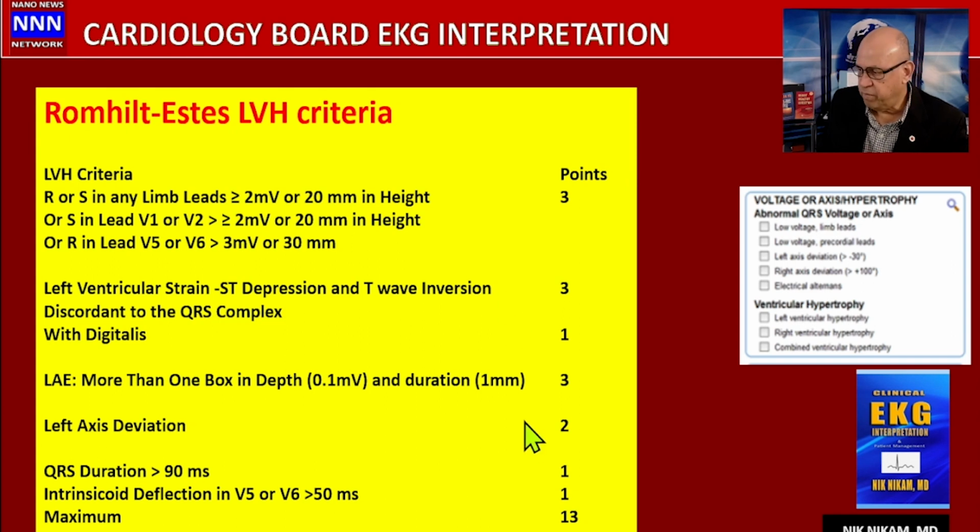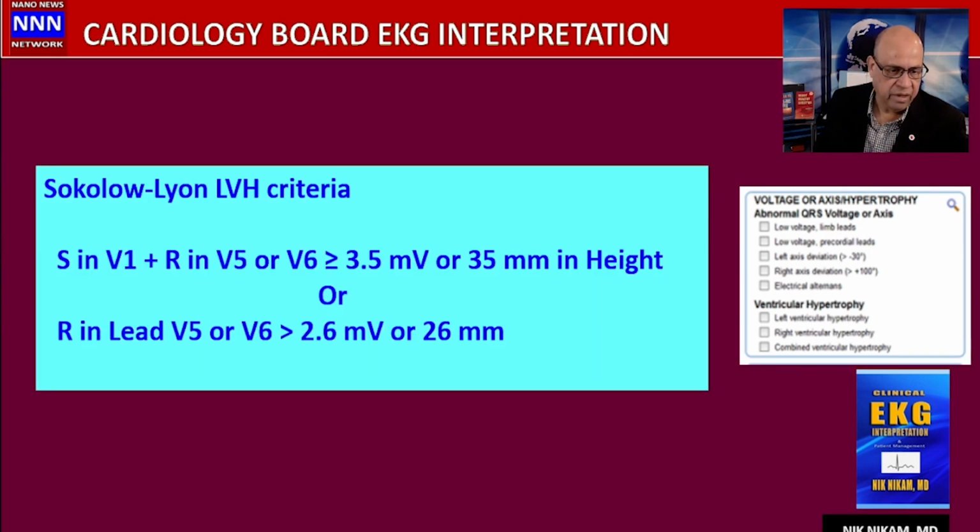So you have a maximum of 13 points, but if you get 5 or more, it is left ventricular hypertrophy. And there's another one, Sokolow-Lyon left ventricular hypertrophy, which looks at S wave in V1 plus R wave in V5 or V6, which is greater than 35 millimeters or 3.5 millivolts.